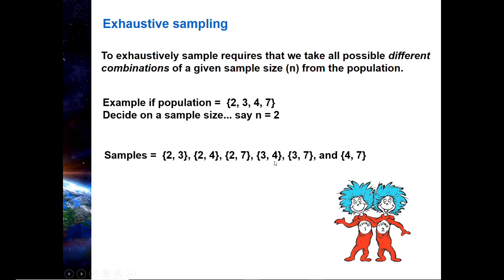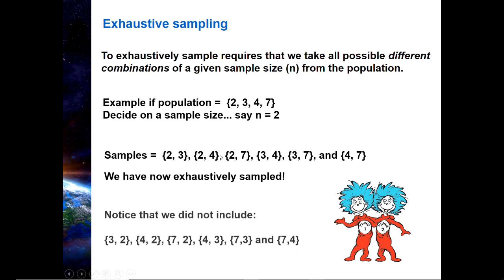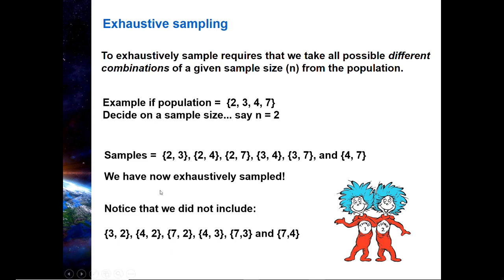And then you might get 3 and 4, 3 and 7, 4 and 7. All right, now these are all the unique combinations we can get from this population. That's it. We have exhaustively sampled. If we were to go back and try and get another one, it would be a repeat of what we already have. Now, some of you are probably saying, but wait a minute, we don't have 3 and 2 here.